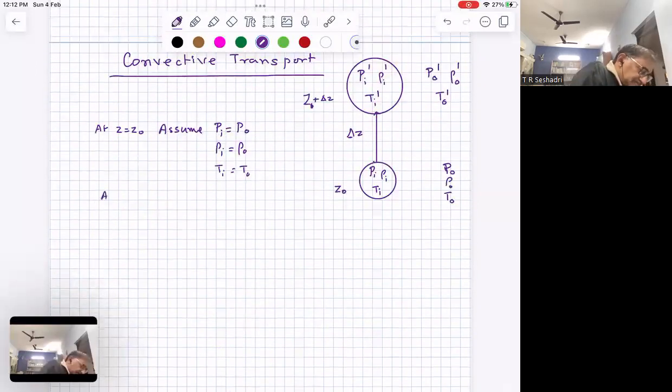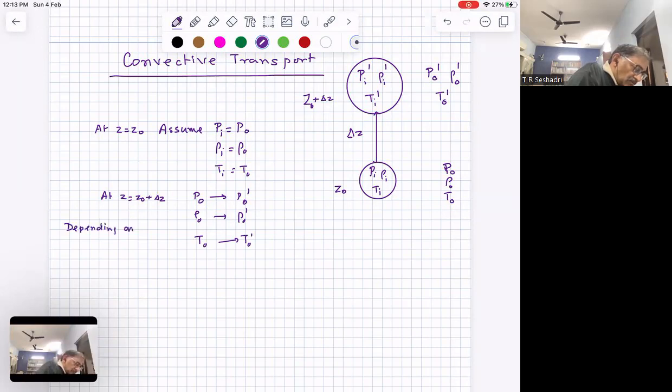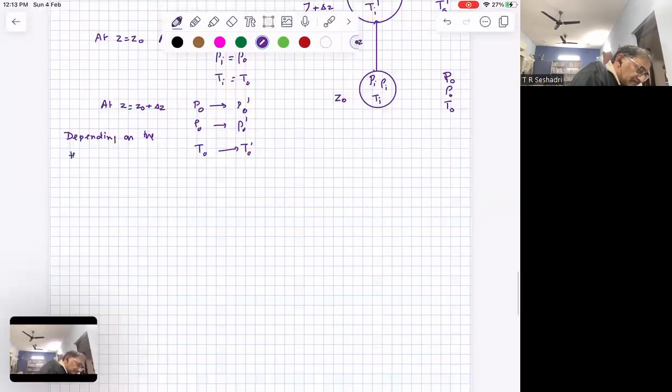At Z equal to Z naught plus delta Z, Po has changed to Po prime, rho o has changed to rho o prime, To has changed to To prime, and depending on the thermodynamic process, Pi has changed to Pi prime, rho i has changed to rho i prime, and Ti has changed to Ti prime.